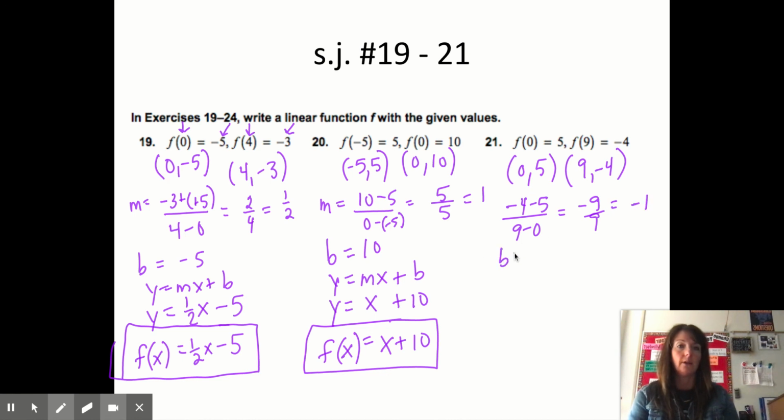So our y-intercept is equal to 5. This would be equal to a negative x plus 5. Now we write the function notation. Negative x plus 5.